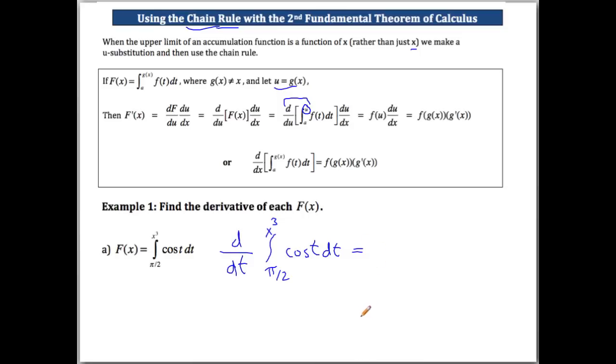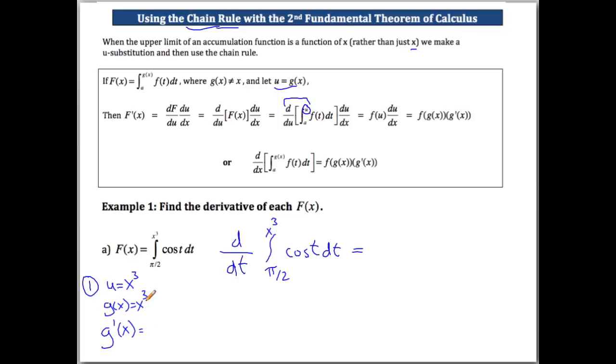Now, one way we can do this, and I'm going to show you the U substitution method here, is we're just going to let u equal that x cubed. And so what that means is our g of x actually equals x cubed, and we need to find g prime of x.